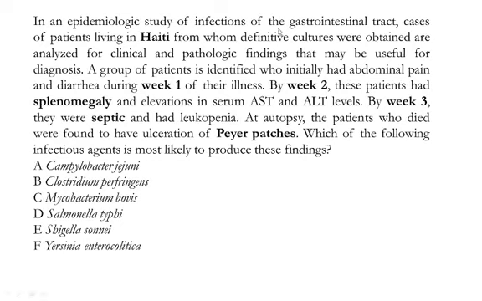The second marker is diarrhea, so they had their intestinal infections. Then they had splenomegaly, the enlargement of spleen, which is usually a sign of sepsis, and then elevated AST and ALT levels, about liver injury, hepatitis.